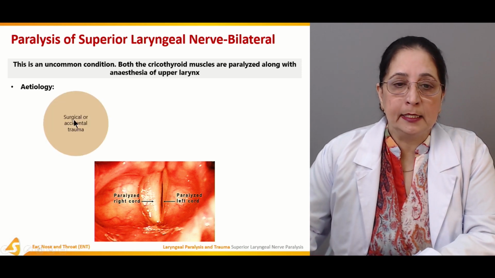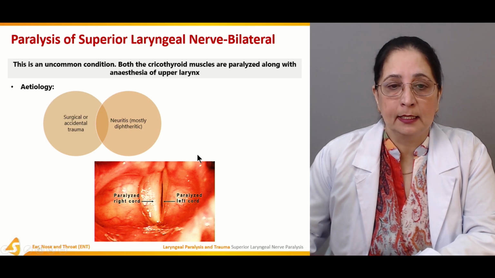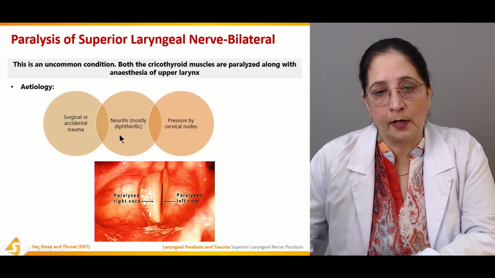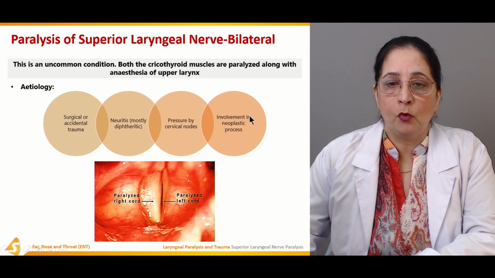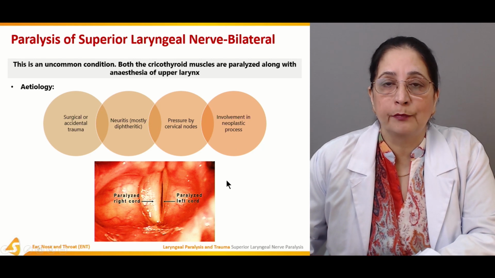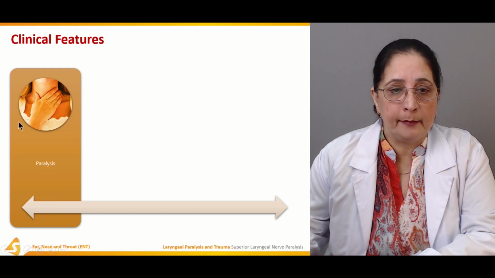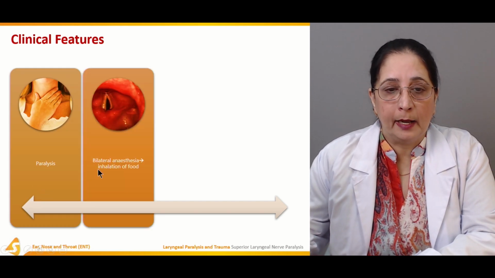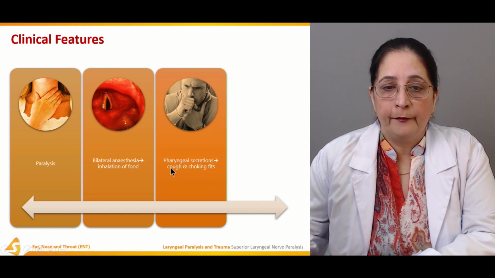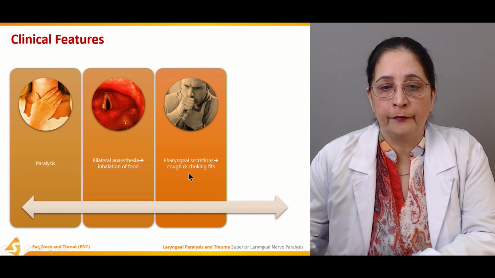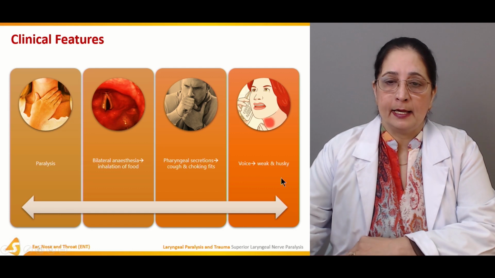Causes are surgical or accidental trauma, neuritis, mostly diphtheritic neuritis, pressure by cervical nodes, involvement in neoplastic process. Clinical features of bilateral paralysis: bilateral anesthesia, loss of sensations, inhalation of food, pharyngeal secretions, cough and choking fits, voice weak and husky.